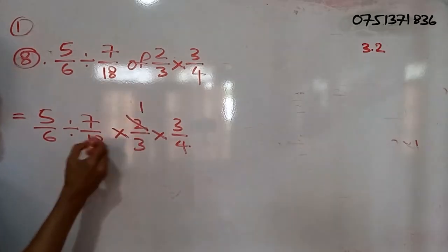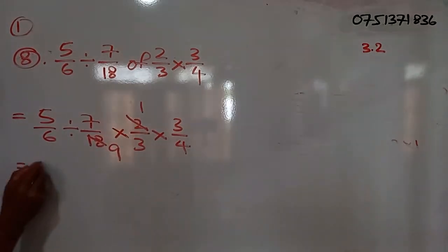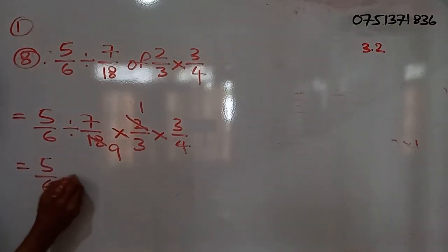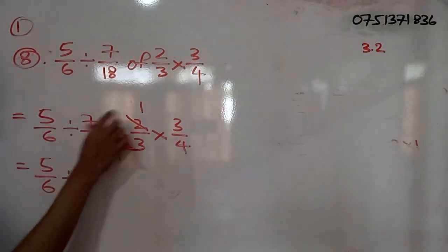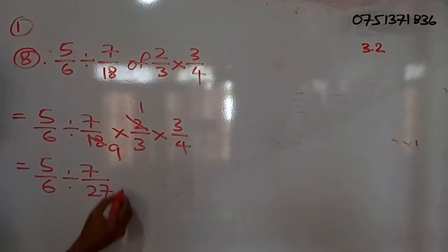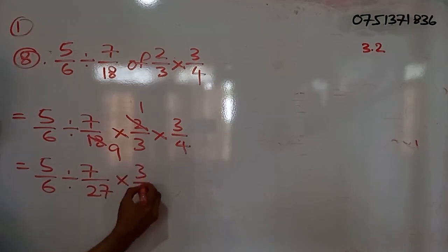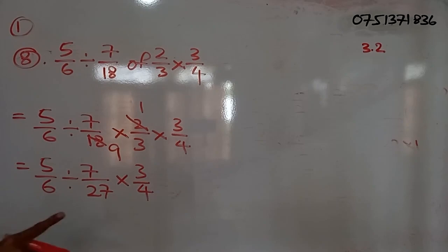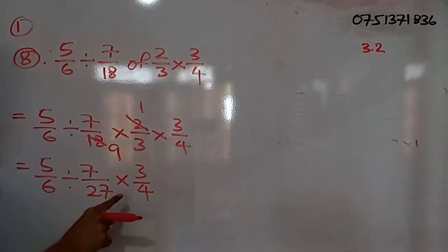Right, so 2 times 1 and 2 times 9. So 5 by 6 divided by 7 times 1, we get a 7. 9 times 3, that is 27 into 3 by 4. Okay, so now just as before, we have division and multiplication.